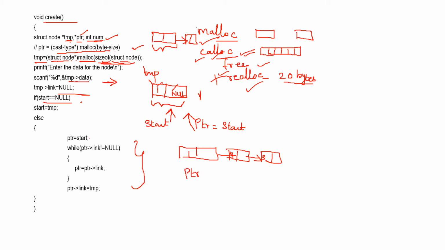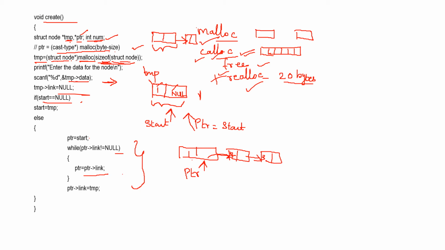Initially, if I set ptr equal to start, ptr will point to the first node. Then I check the condition in the while loop: while ptr->link not equal to null. ptr is pointing to the first node, ptr->link refers to the second node. If the link is not equal to null, then the program control enters into the loop.